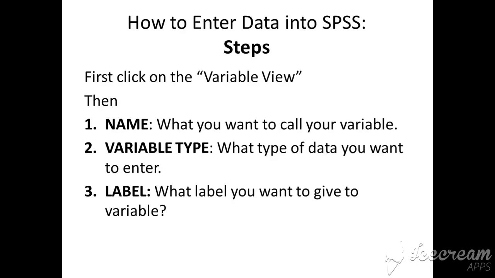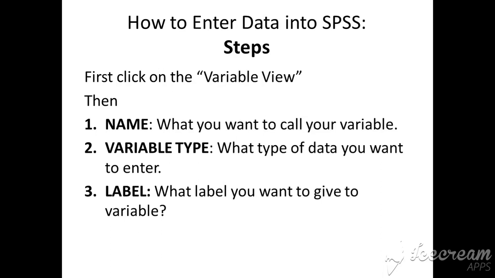One must memorize these steps before practically moving towards entering data into SPSS. He or she must click on the variable view. We have two views. So click on the variable view and look at these columns.